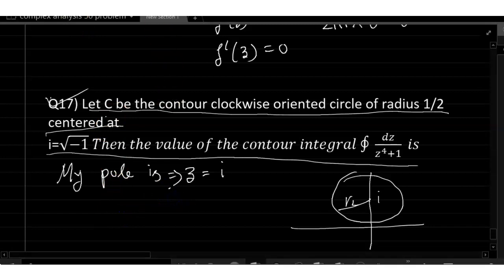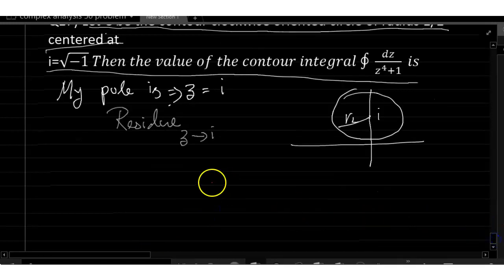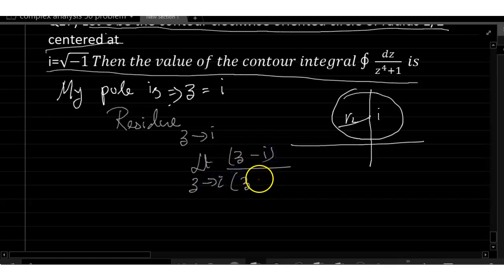Residue at z tends to i equals limit of z divided by z plus i, this is the minus i, so z minus i into z plus 1 into z.